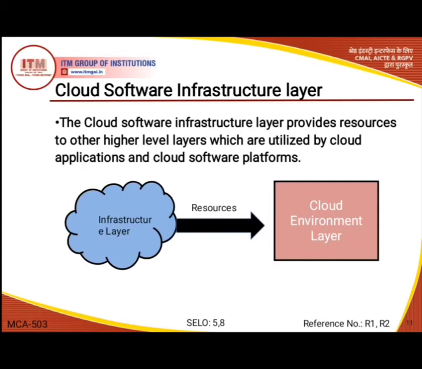Basically, the cloud software infrastructure layer is used to provide fundamental resources to the higher level, and the cloud services offered in this layer can be categorized into computational resources, data resources, as well as communication.